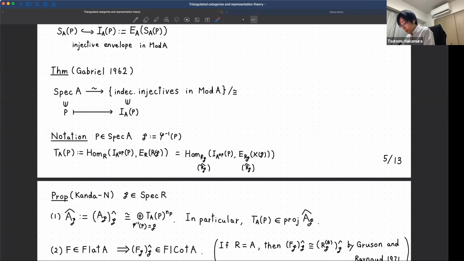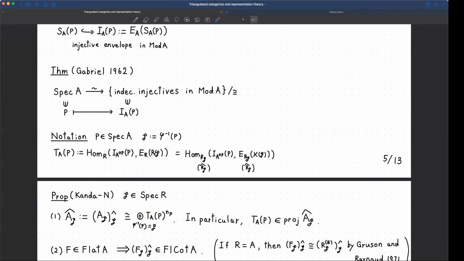So given a prime ideal p of Spec R, we first consider the localized ring and take its p-adic completion. Let me denote it by A_p hat. Then as a right A-module, it decomposes into a finite direct sum of the T_A(P).